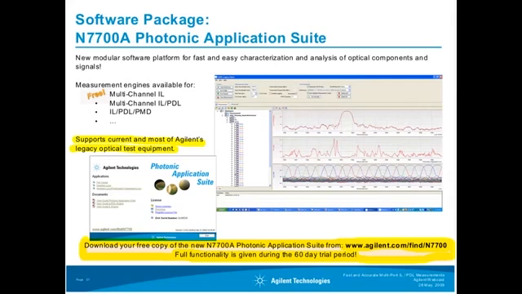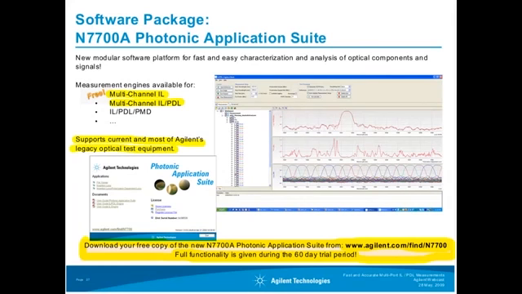This legacy equipment typically can be used for doing multi-channel insertion loss measurements. The multi-channel insertion loss and PDL measurement requires some of the newer capabilities which are included in the MultiPort power meter, which we discussed, and so in that case you should have that new MultiPort power meter.